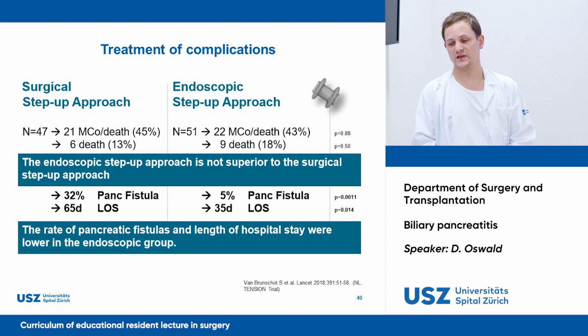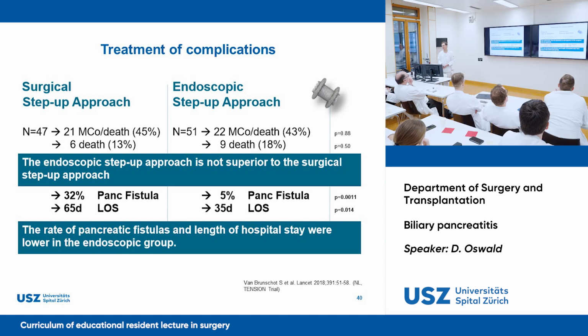The outcome of this study showed that the endoscopic step-up approach is not superior to a surgical step-up approach: no fewer deaths and no fewer major complications in both groups. But it showed that the rate of pancreatic fistulas and the length of hospital stay were lower in the endoscopic group.